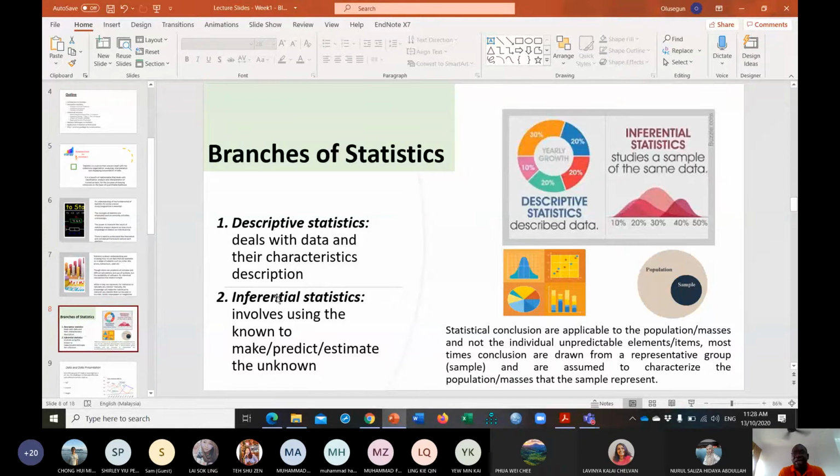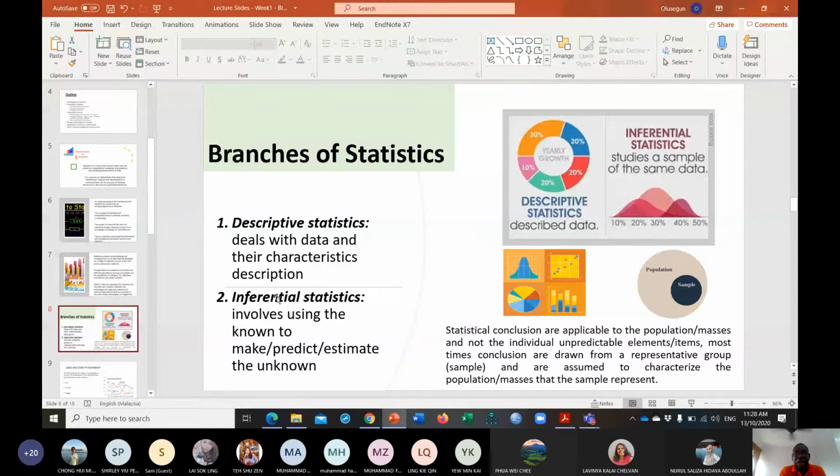So, branches of statistics. We have descriptive, which deals with data and their characteristics description. So you look at the data: how many people are of so-and-so height, how many people are of so-and-so weight, how many of them are female, how many of them are male. These are characteristics of data that we can display, and that is what we do in descriptive statistics.